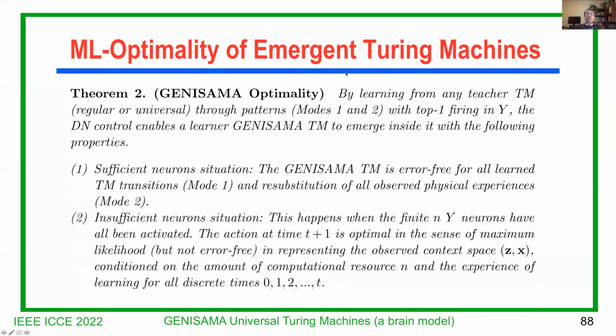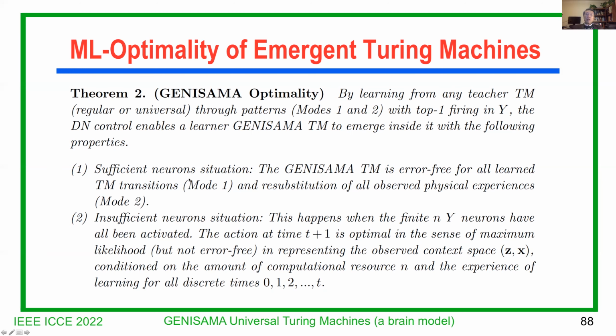ML-optimality of emergent Turing machines: it says that by learning from any teacher Turing machine, regular or universal, through patterns with mode 1 or 2, basically using teaching by supervision, reinforcement or imitation, the DN control enables a learner Genisama Turing machine to emerge inside it with the following 2 properties. 1, sufficient neuron situation.